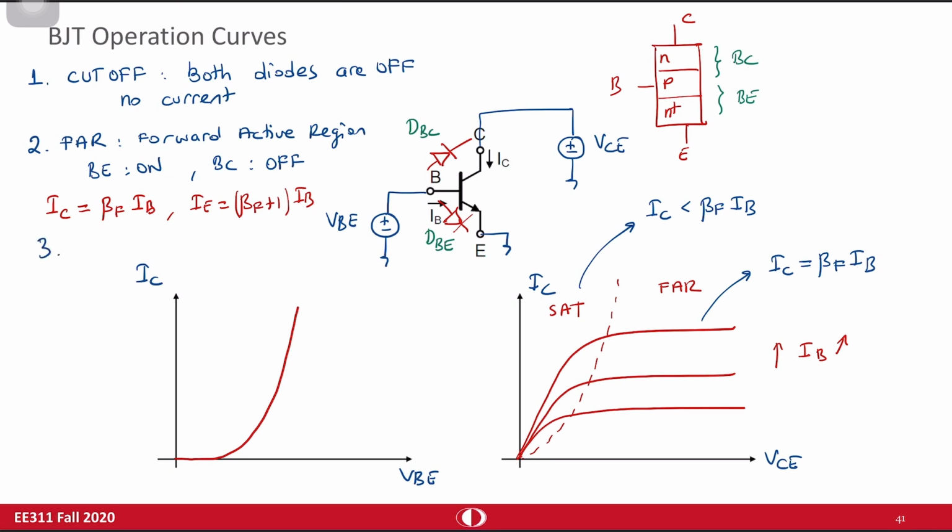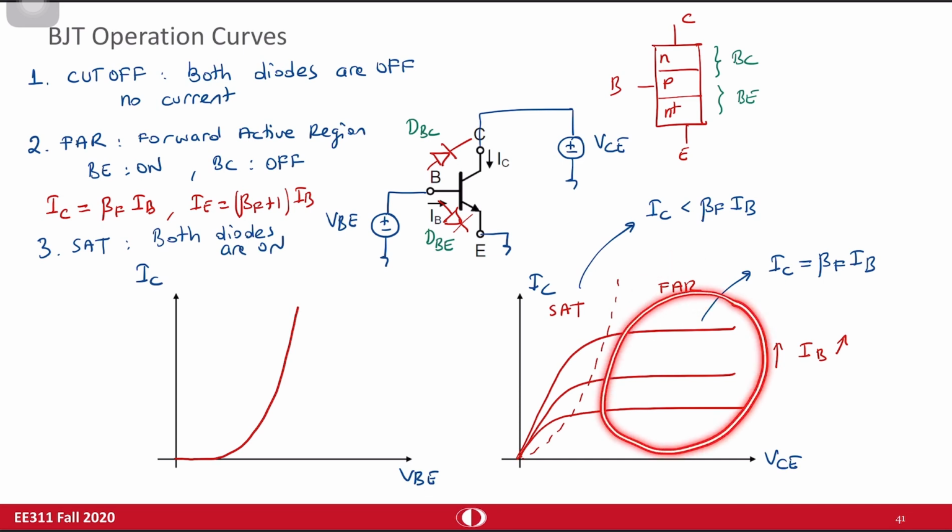And the last region is known as saturation. In that case, both diodes are on. So forward active region of bipolar transistor corresponds to saturation region of MOSFET. For analog operation, I want this bipolar transistor to be in this region.